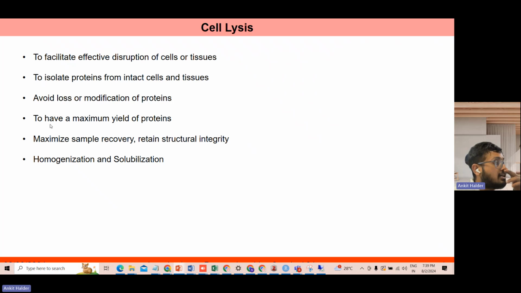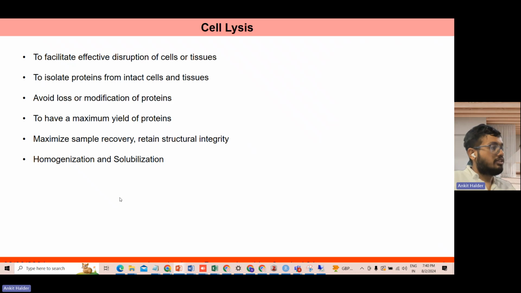And we need to have a maximum yield of the proteins. So we need to maximize our sample recovery and retain the structural integrity of the protein.